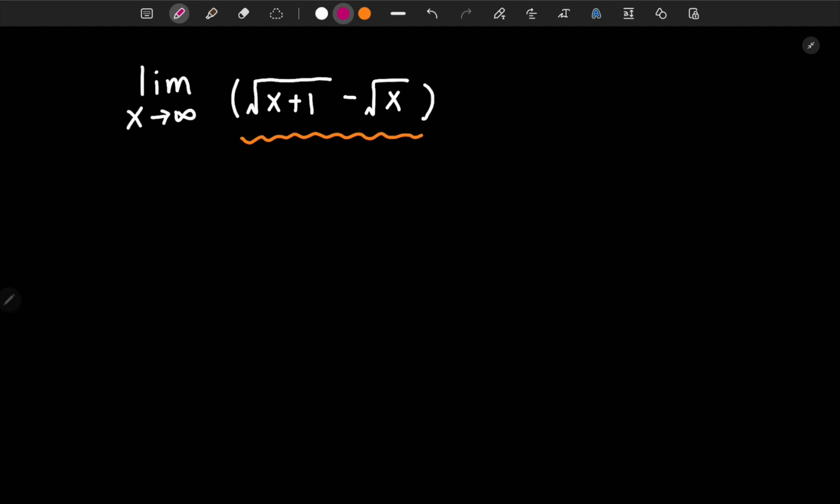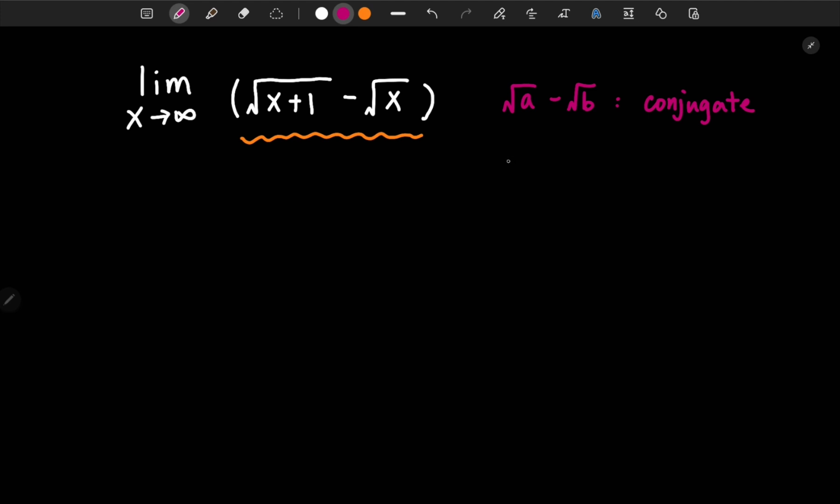Okay, then let's see what we can do next. Here we have a square root. You can think of it as square root a minus square root b. When we see this kind of format, we want to think about multiplying by its conjugate. Why?